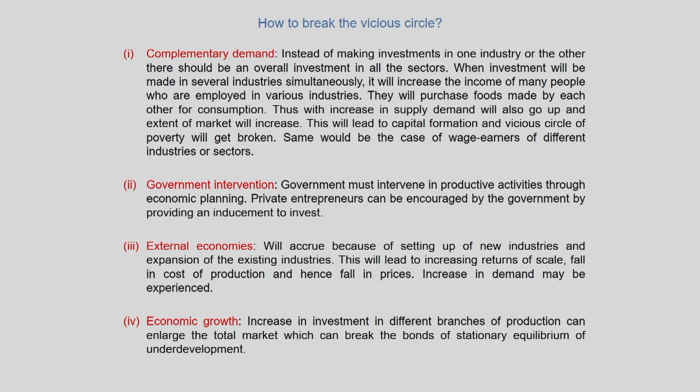The third proposition, as I was already explaining, is the external economies, which will accrue because of the setting up of new industries and expansion of existing industries. This means that industries should be identified in such a manner that there are large scale increasing returns to scale, which will lead to a fall in the cost of production and hence a fall in prices. Because there will be a fall in prices, in the long run there will be an increase in demand, and of course now we know the circle.